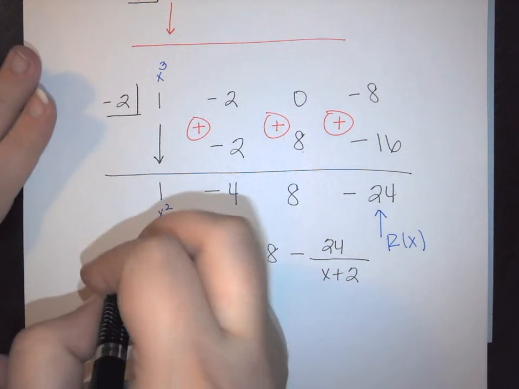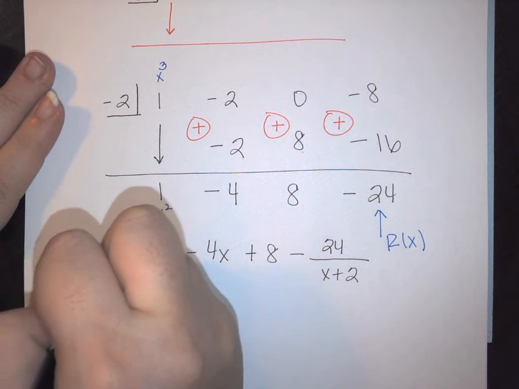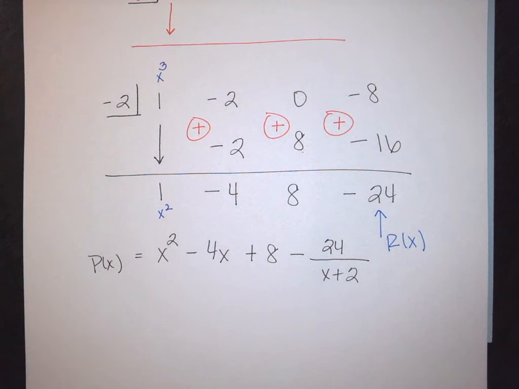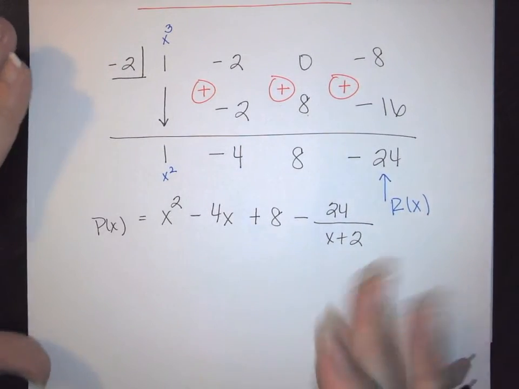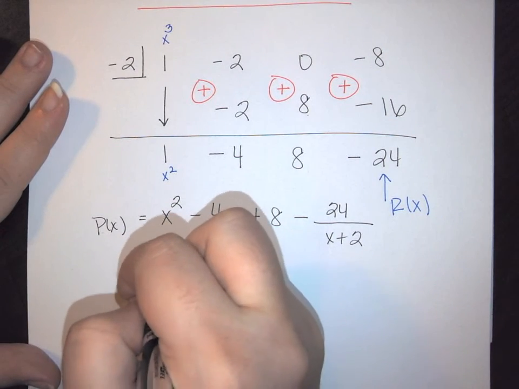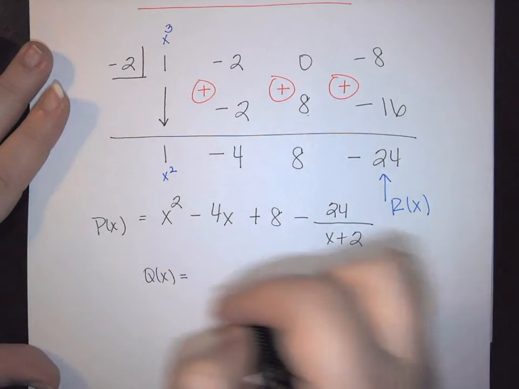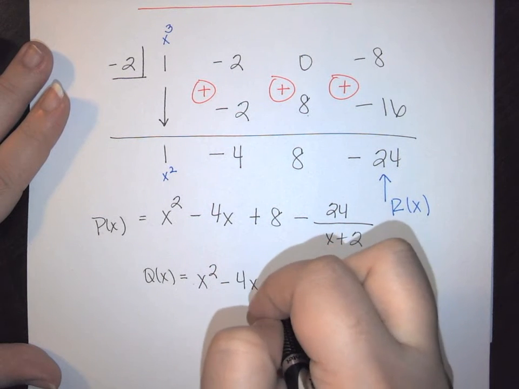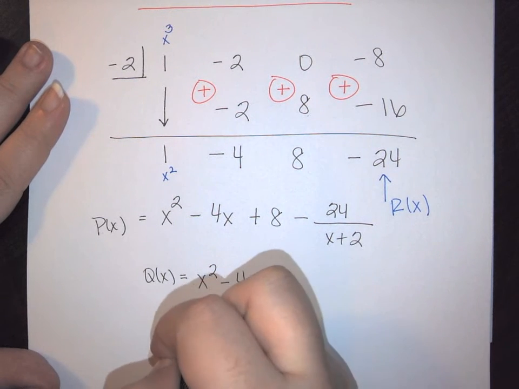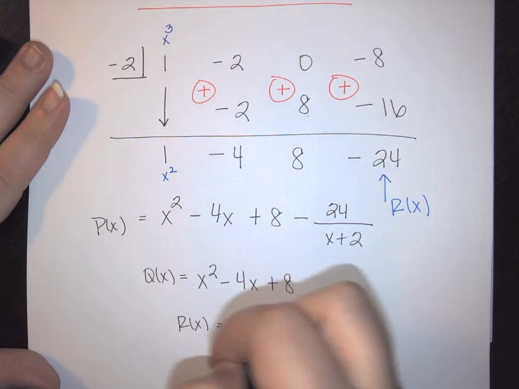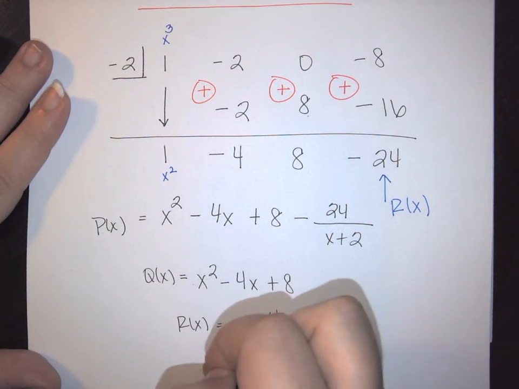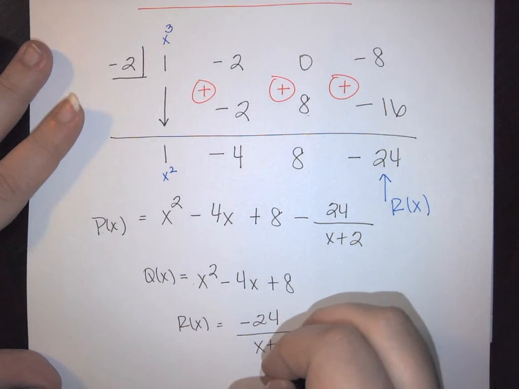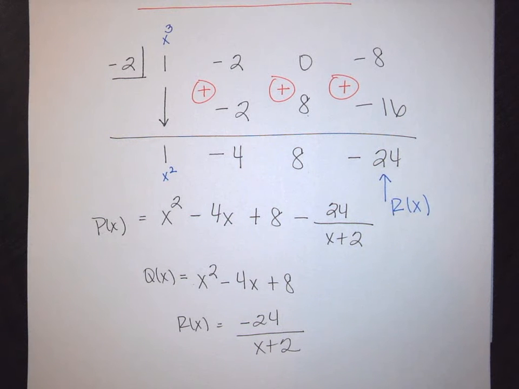And that is going to be your divided term. We can also separate our pieces out and identify the fact that our q of x was x squared minus 4x plus 8, with your remainder being negative 24 over x plus 2.